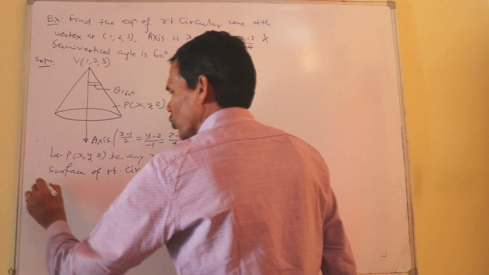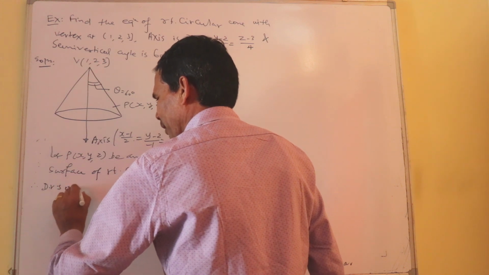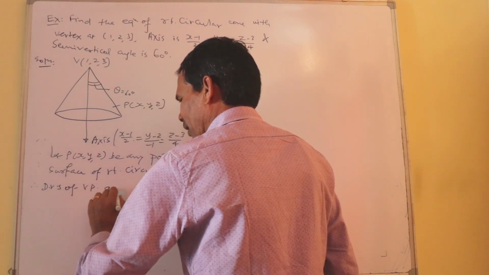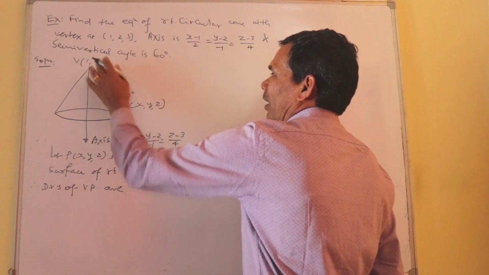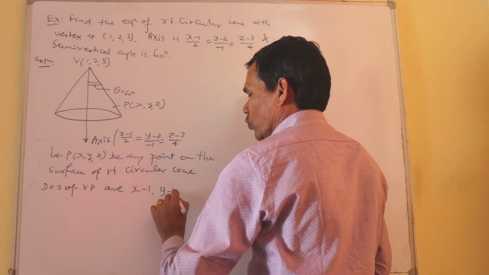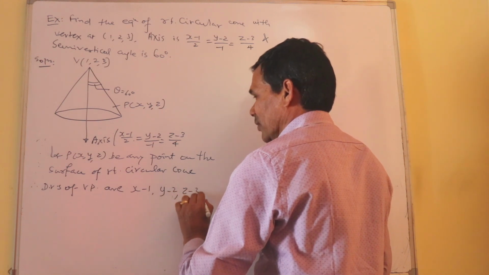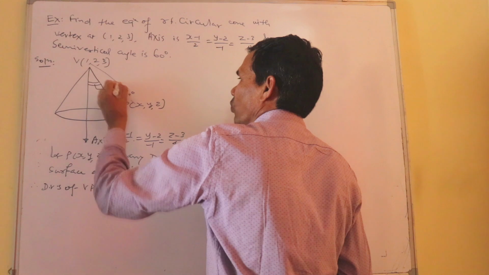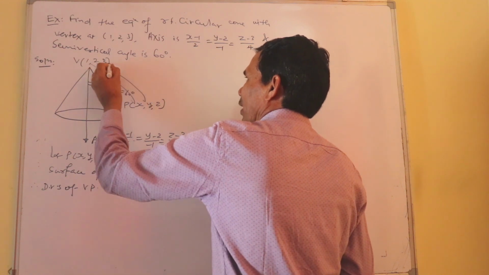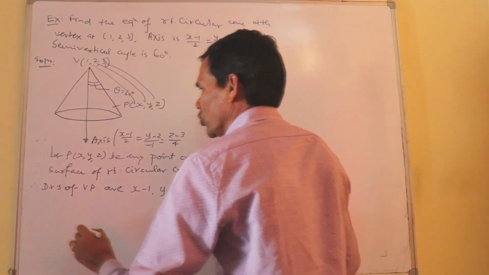So the direction ratios of VP are x minus 1, y minus 2, and z minus 3. So these are the direction ratios.